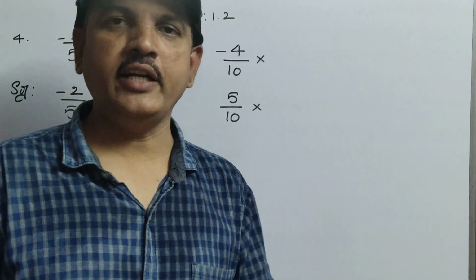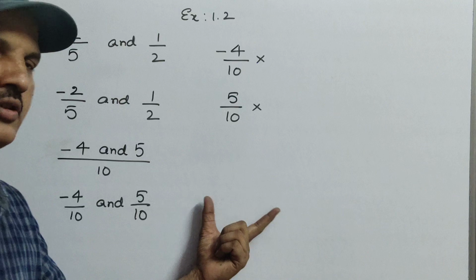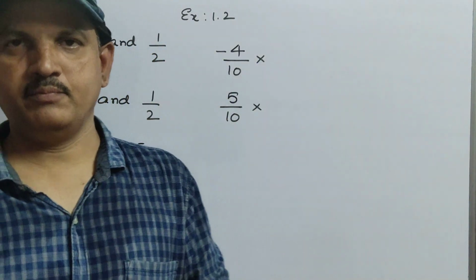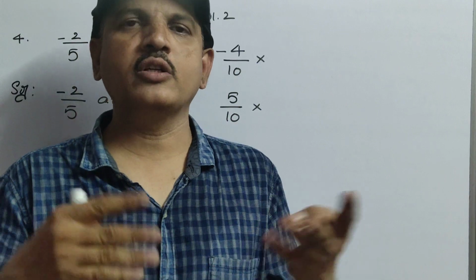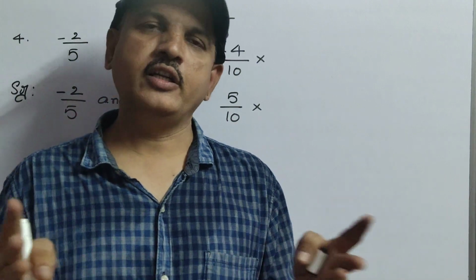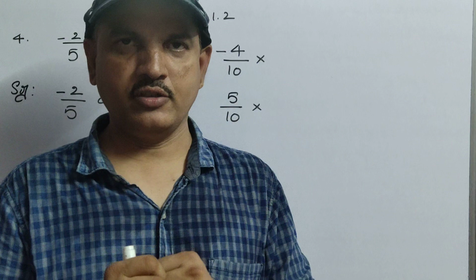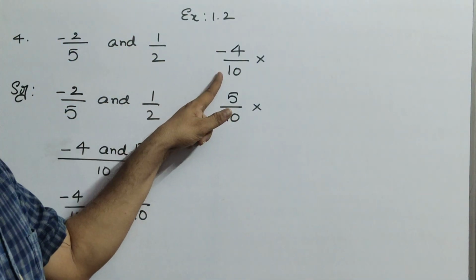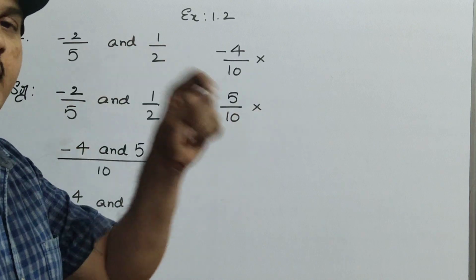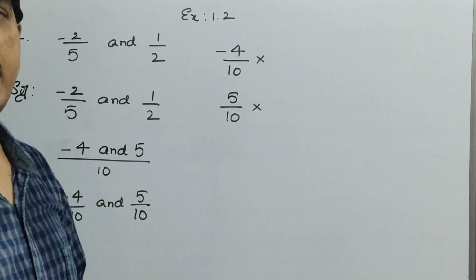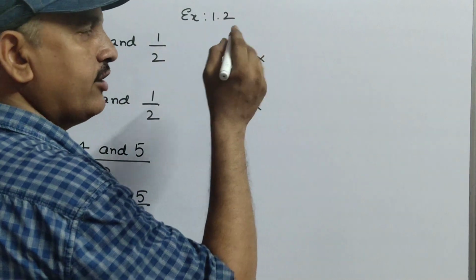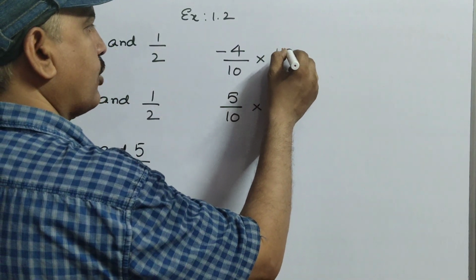Because we tried it, it did not come. Let's say that day relatives came unexpectedly. Already daily they are cooking, but relatives came. Look, minus 4 by 10, what did he ask? He asked for 10 rational numbers. So take at least 5 extra. So 15 you write. He asked 10, so write for 15.